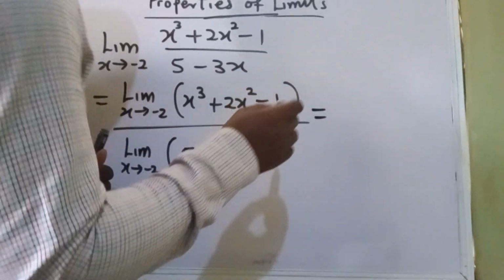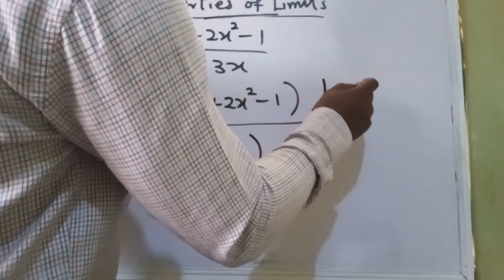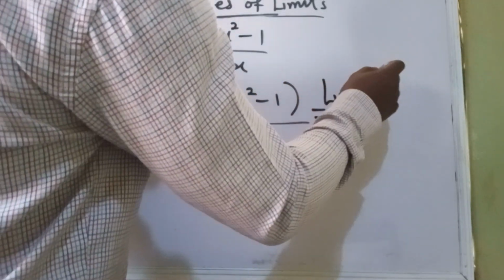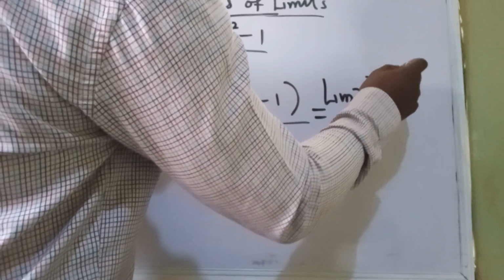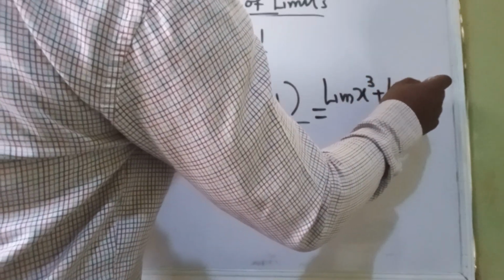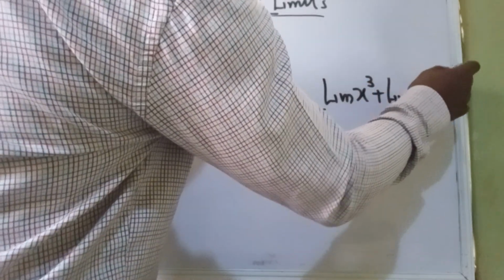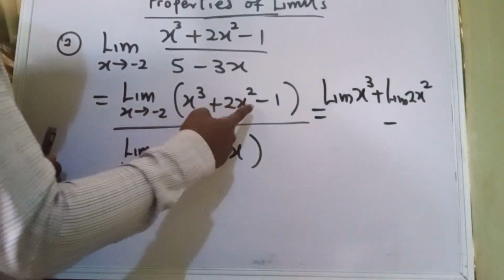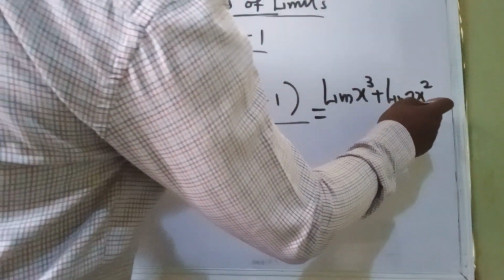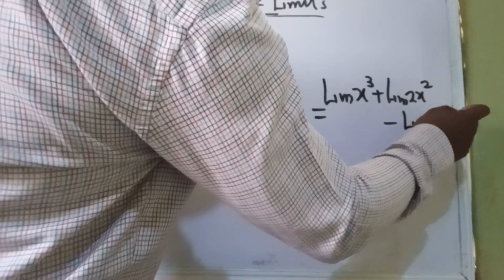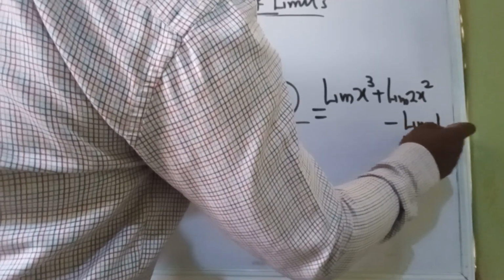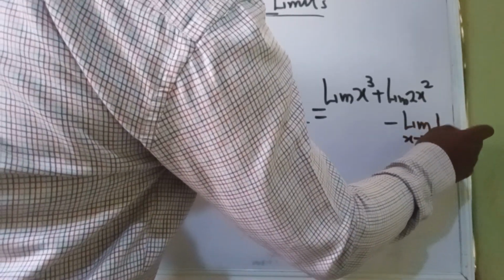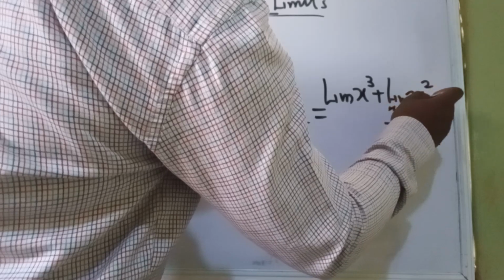So this will be equal to the limit of x cubed plus the limit of 2x squared minus, so I'm managing this one here, the limit of minus 1, as x tends to negative 2.